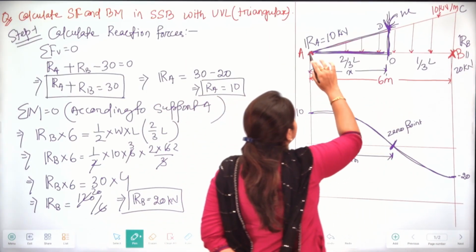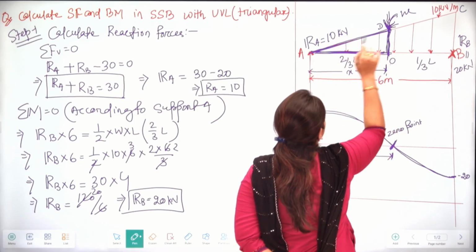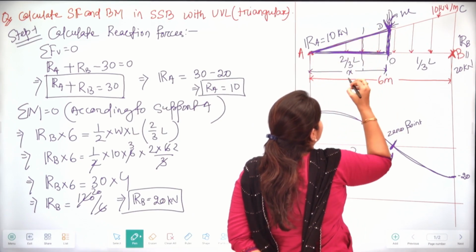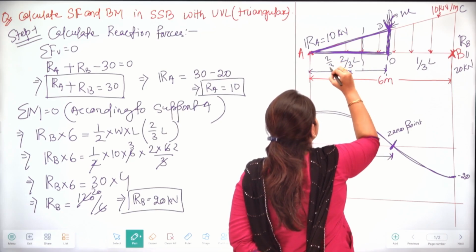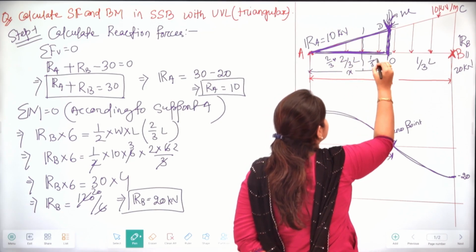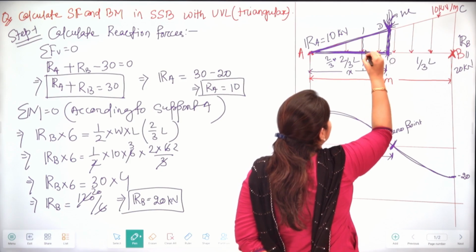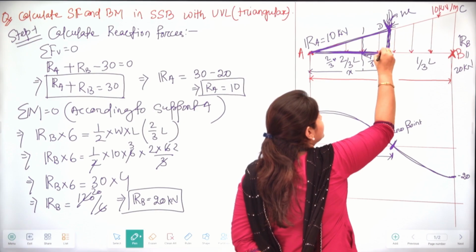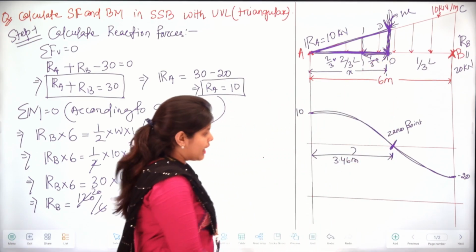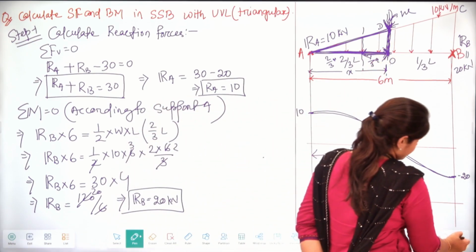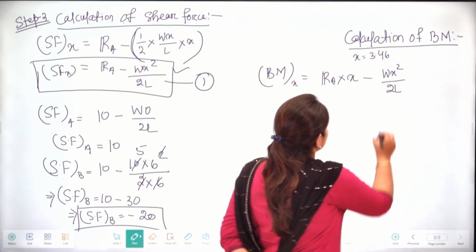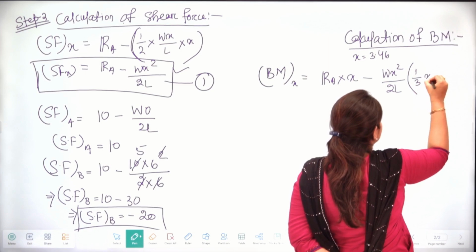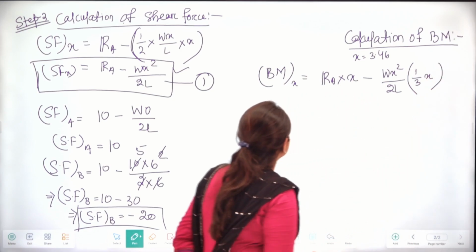In this triangle the load is acting at the centroid, which is 2 by 3 x on one side and 1 by 3 x on the other, as we are calculating from this point. So we multiply the load with 1 by 3 x.